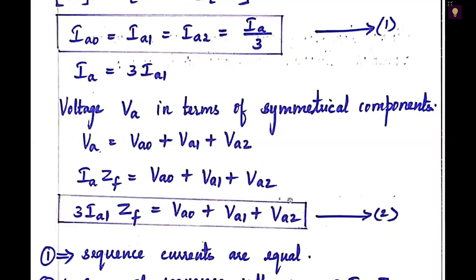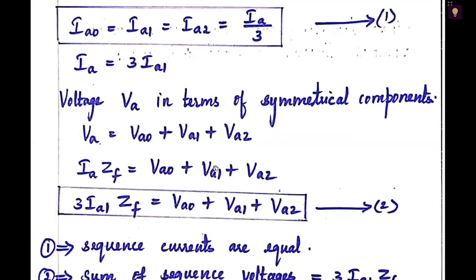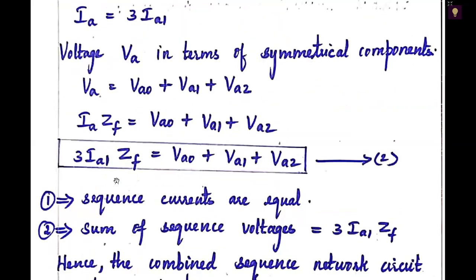From equations 1 and 2, we can arrive at the conclusion of how the combined sequence network will be. All three sequence components of current are equal, which means it is a series connection, and the summation of the sequence voltages is equal to 3 IA1 into ZF.